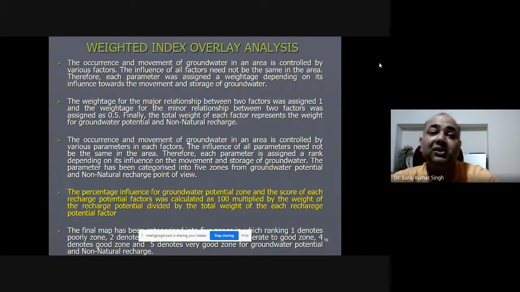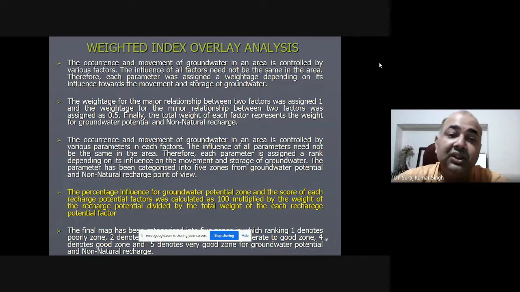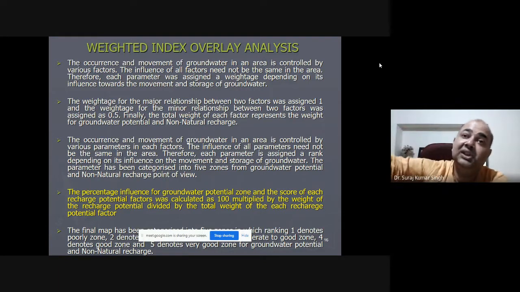In weighted index overlay analysis, we are trying to put weights, ranks, and values. That value denotes the amount of influence that factor has on groundwater recharge. If the weightage is more, it means that factor has more quality and quantity to hold groundwater.